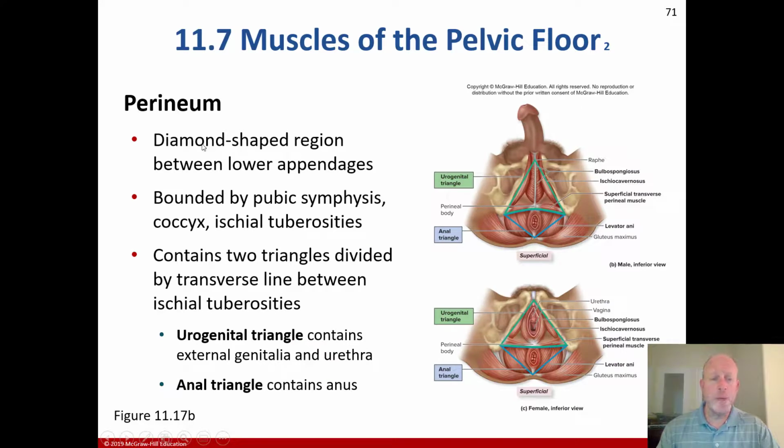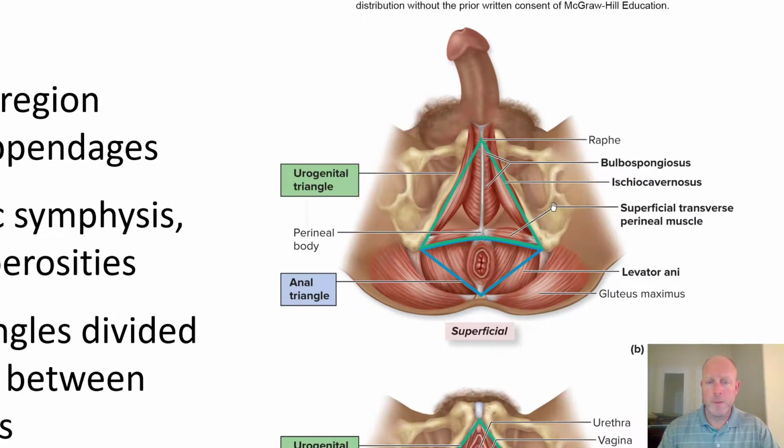The perineum is a diamond-shaped region between the lower appendages. It's bounded by the pubic symphysis, the coccyx, and ischial tuberosities. It contains 2 triangles that are divided by the transverse line between the ischial tuberosities. The urogenital triangle contains external genitalia and the urethra, and the anal triangle contains the anus. So we have our urogenital triangle here, and then we have this one here.